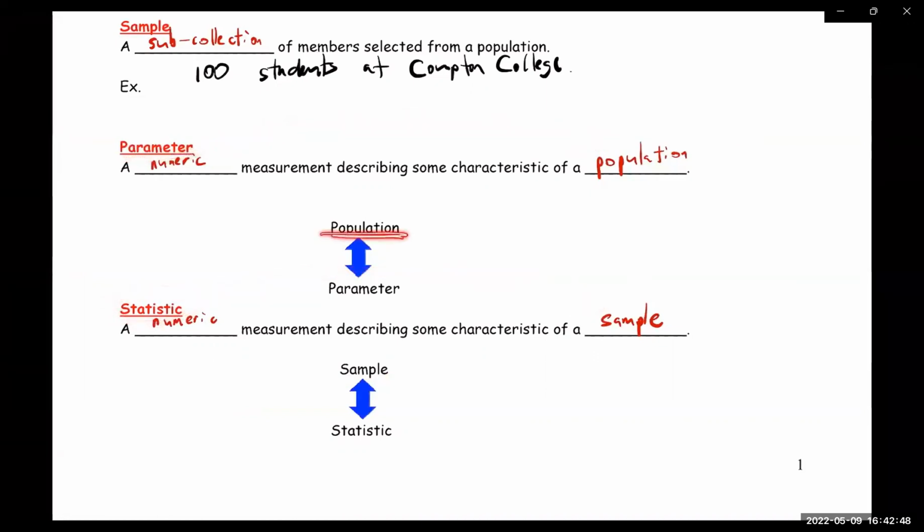So P goes with P, population goes with parameter, and S goes with S. A sample goes with statistic. So that's how I remember it. If it's a parameter, it's a characteristic that describes the population. If it's a statistic, it's a characteristic that describes the sample. So these are all just definitions. So P goes with P, S goes with S.